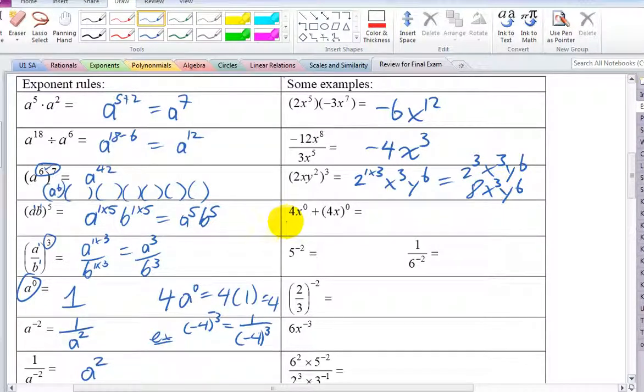Okay. Next one is going to be 4 times 1 plus 1. So 4 plus 1 equals 5. So you have to really watch your base here. Here we're going to get 1 over 5 to the positive 2 equals 1 over 25. Here we get 6 to the positive 2 equals 36.